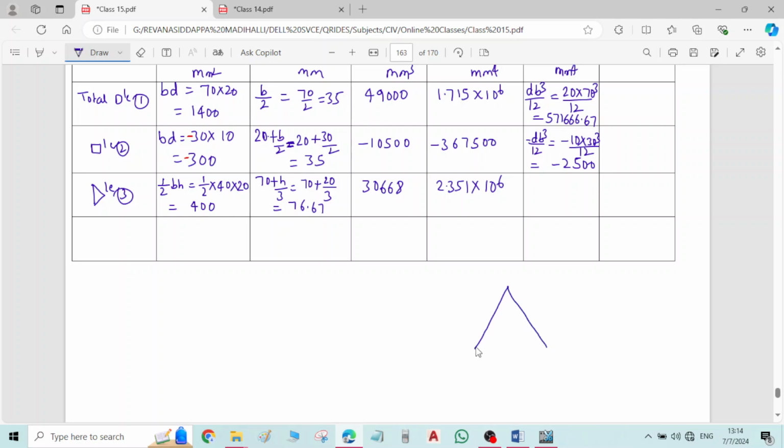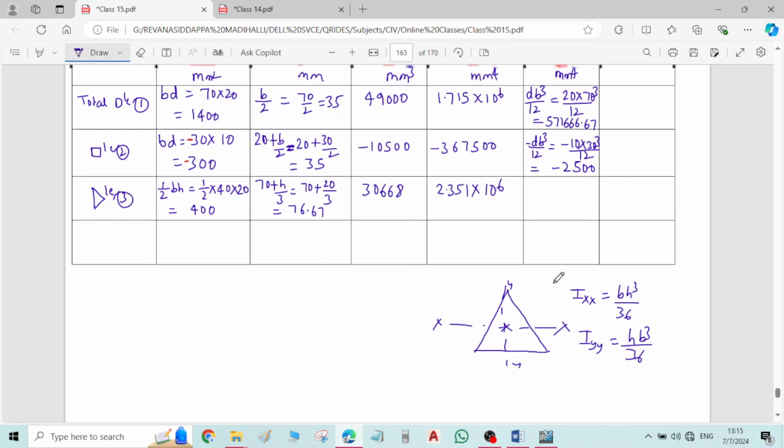In one of the previous videos I derived the equation for the moment of inertia of the triangle: Ixx is equal to bh cube divided by 36 and Iyy is equal to hb cube by 36.